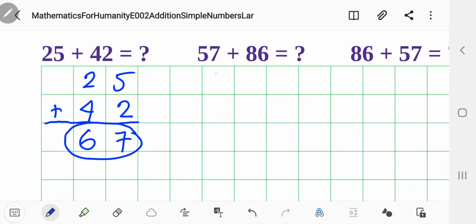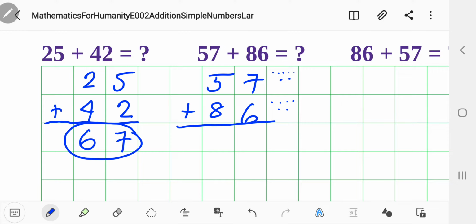How about 57 plus 86? Here, how do you do that? You have 7. If you don't know how to add yet, you can represent the symbols for 7, and then 6.